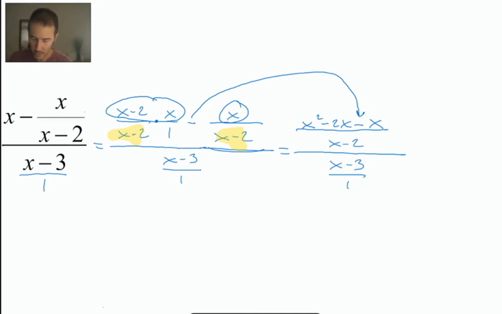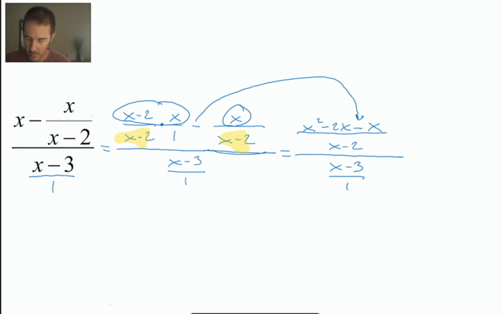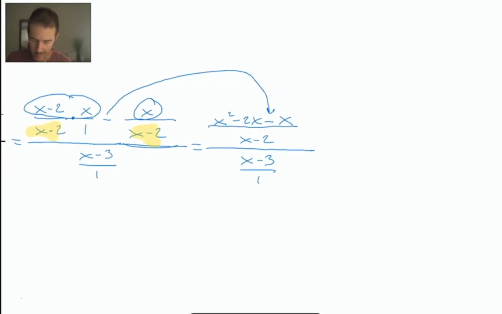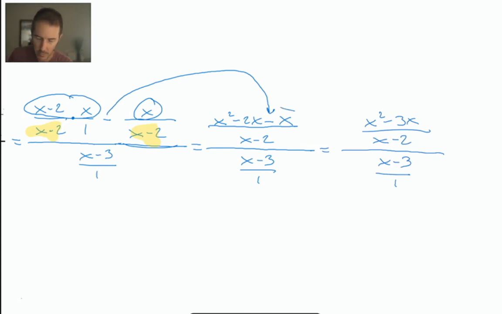Let's combine like terms in the numerator. The numerator's numerator. Let's combine like terms right there before we drop down to our next line. Equals, I've got x squared minus 3x all over x minus 2 all over x minus 3 over 1. So all I did was combine like terms right here.